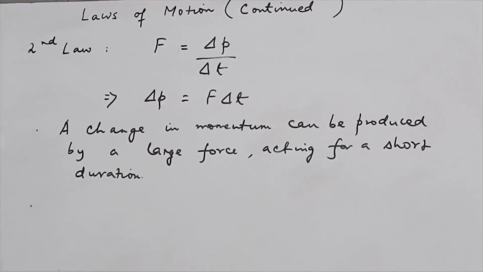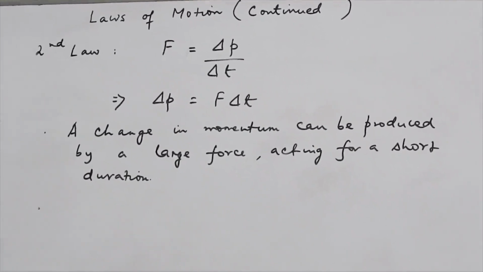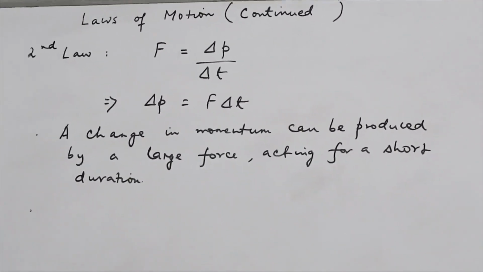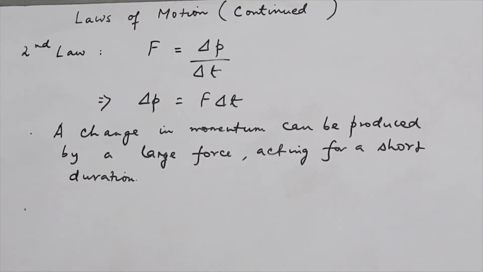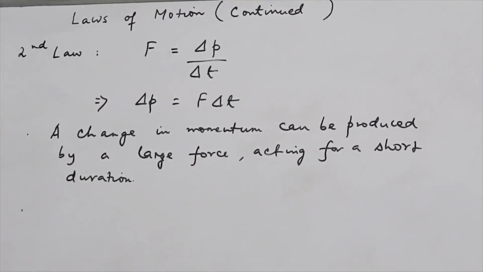Remember that while hitting a cricket ball, the force exerted by the cricket bat is large, and the force acts for a very short duration. That produces a large change in momentum.